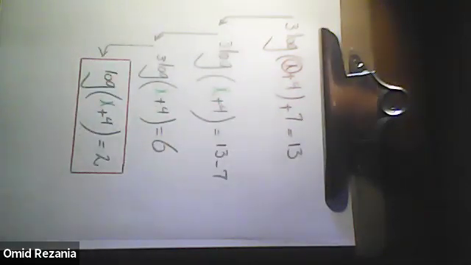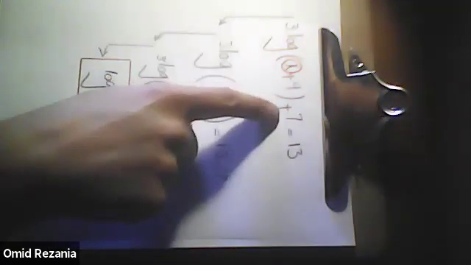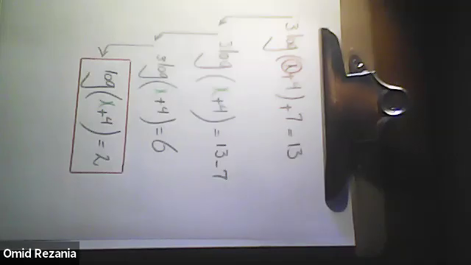Guys, from here we ended up to here by some basic elementary algebraic manipulation, which was taking 7 to the other side and dividing both sides by 3. Any questions, guys, so far? No. Great.